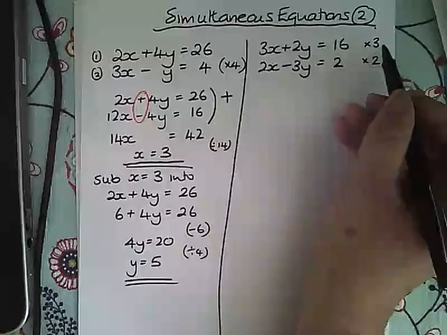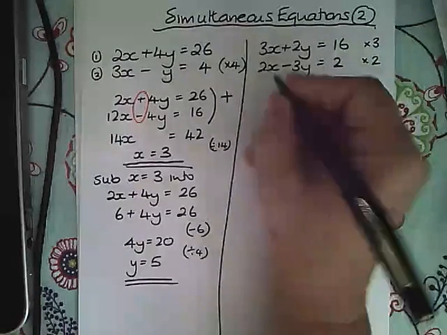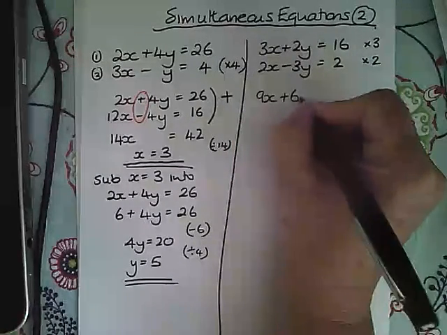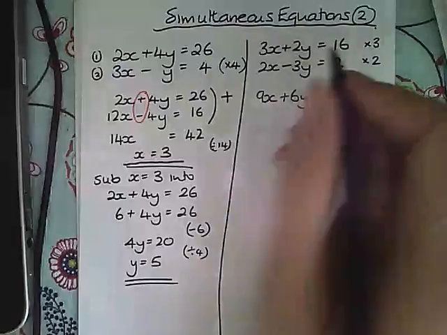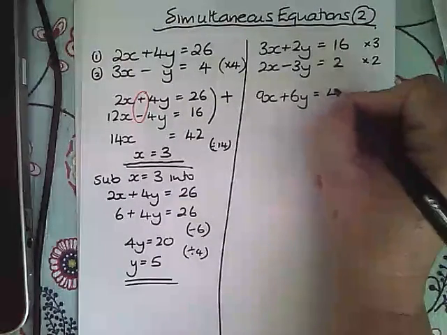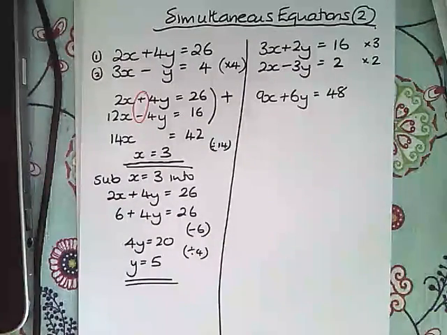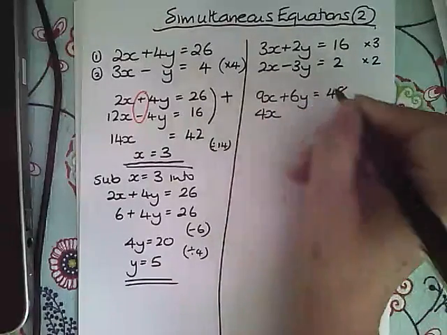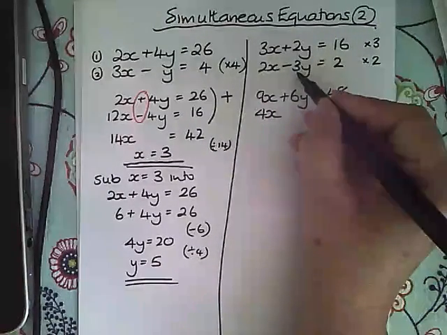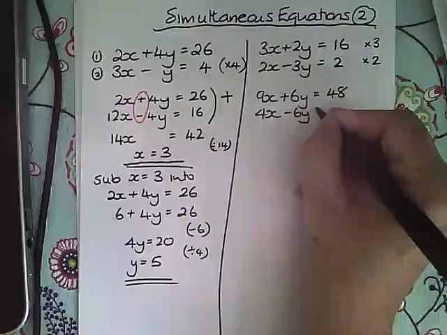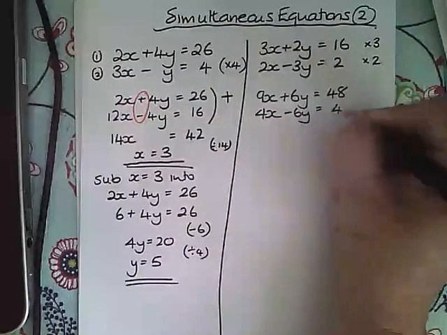So 3 times 3x is 9x, 3 times 2 is 6, plus 6y, and then 16 times 3 is 48. On to the second equation. 2x times 2 is 4x, 3y times 2 is 6y, and it's minus 6y, and then 2 times 2 is 4.